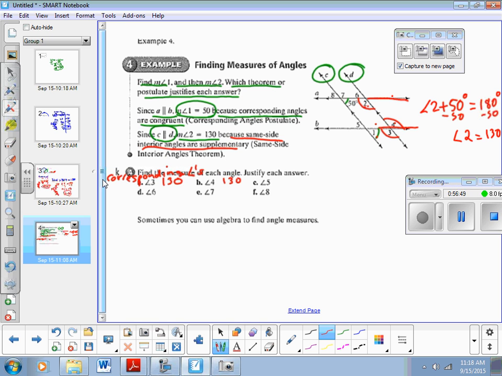Vertical angles is correct to justify number 4 because it's vertical to angle 3, and we already know what angle 3 measures. You notice you're using these if-then statements in your head just to figure it out. If I know what angle 3 is, then angle 4 measures the same because they're vertical angles.